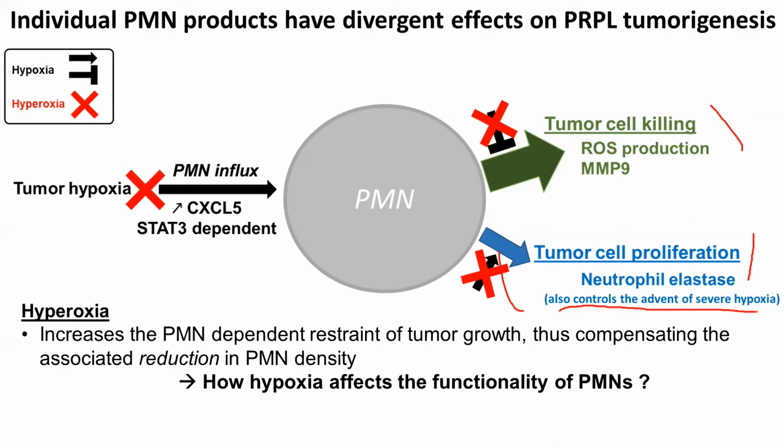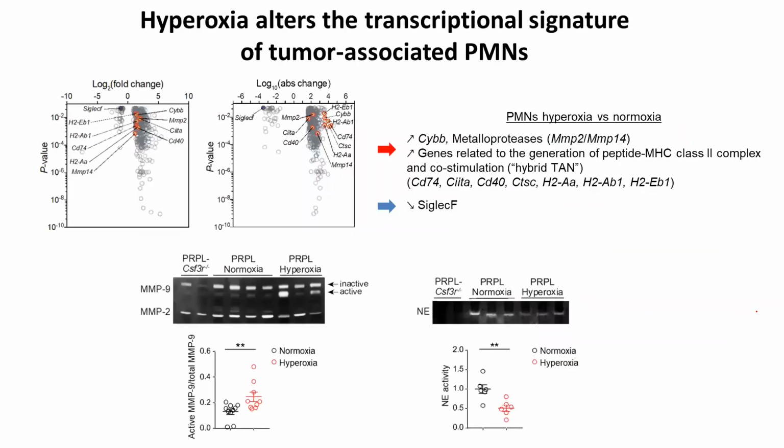So now, to get a greater insight into how tissue hypoxia alters the functionality of tumor-associated neutrophils, we sorted PMN from uteri of PMN normoxia and hyperoxia mice to perform an RNA-seq.